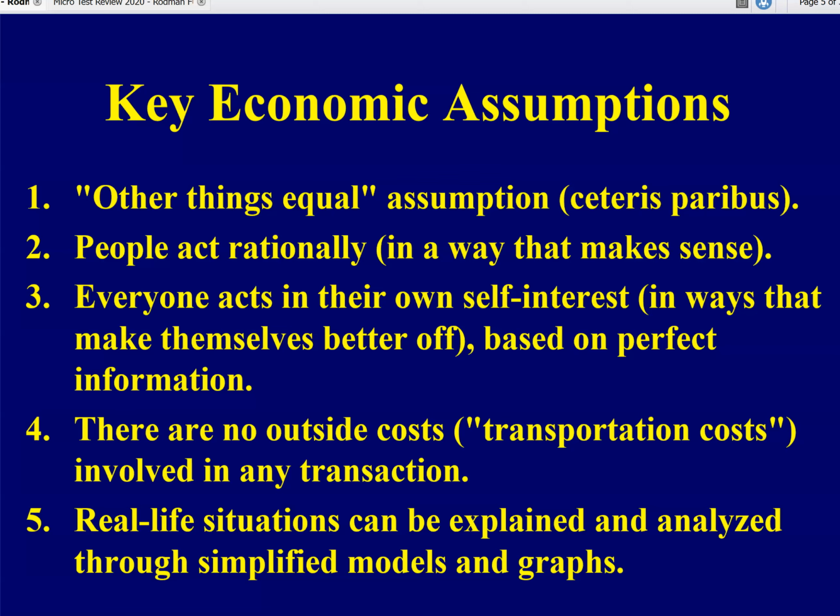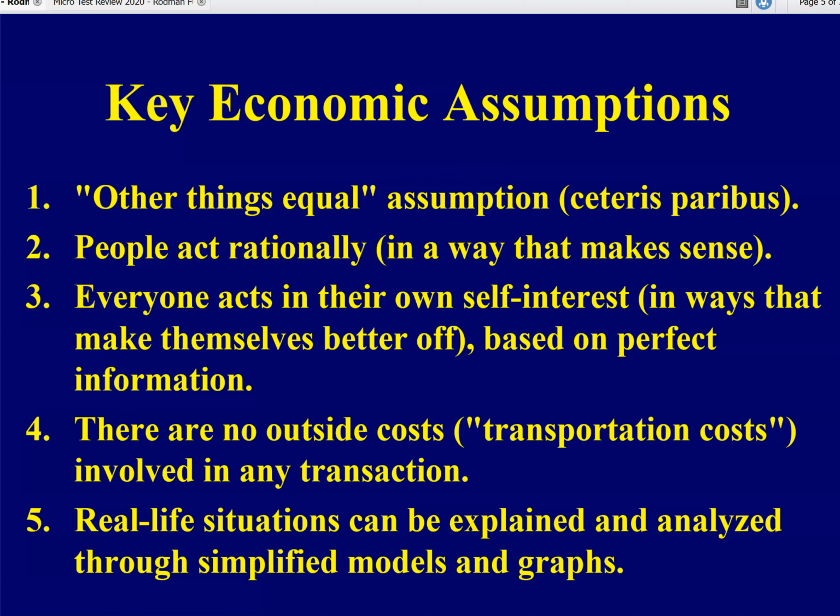Now, we know most people don't always act rationally, but the idea is that when it comes to consumers' spending decisions, when it comes to governments and spending decisions, we have to think that they're going to act in a way that's going to make sense. If we can't do that, then we can't look at any models, because the whole idea here is we're going to explain them through graphs.